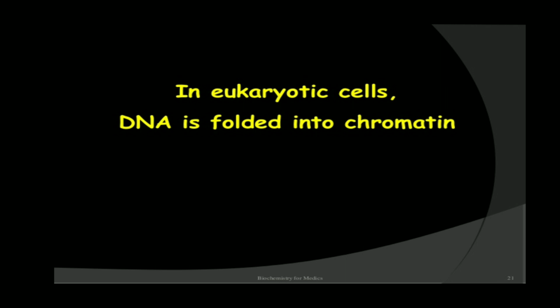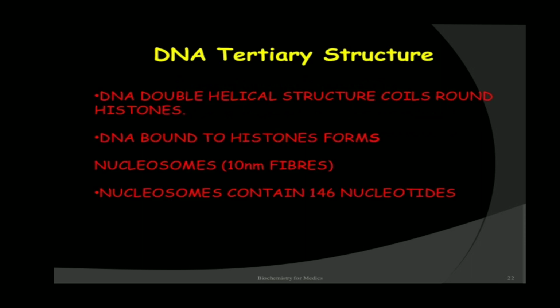So how can this long DNA be present in a very small nucleus of small cells, where there are many chromosomes? How does this genetic material get packed inside the nucleus? That's why DNA is folded into chromatin to be condensed and packed inside the nucleus of eukaryotic cells.